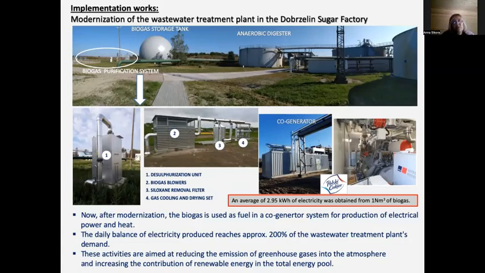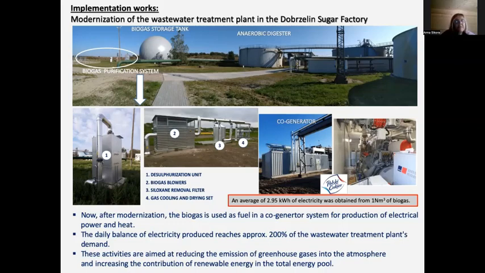The wastewater treatment plant operates during the sugar campaign and processes spent beet transport water. It produces biogas containing up to 75% of methane. Until recently, the accumulated biogas was burnt and released into the atmosphere.